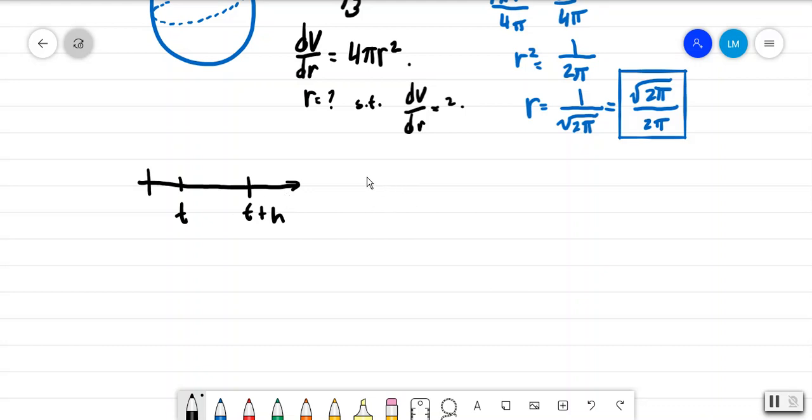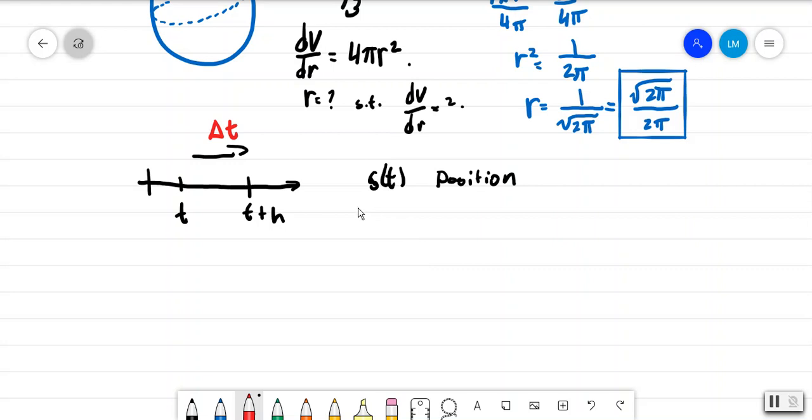I can define a function that we'll call s of t, which is more or less the position. If we look at t and t plus h, we can look at the difference between the two, which would be our delta t.